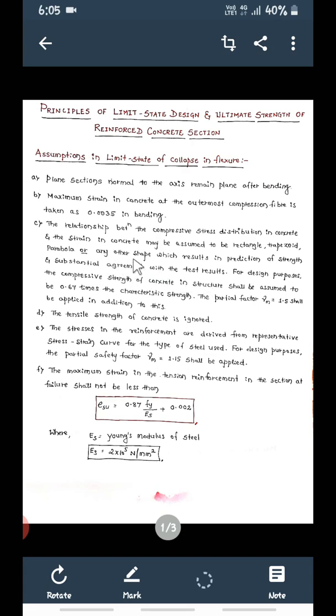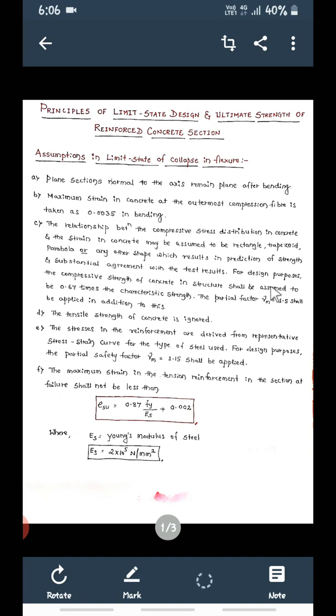That means if you draw the stress-strain diagram for concrete, with stress in concrete and strain in concrete, this diagram may be taken as a rectangle, trapezoid, parabola, or any other shape for the prediction of strength.